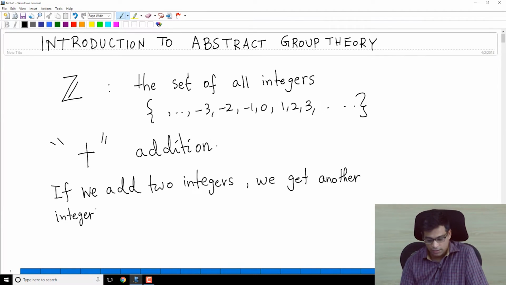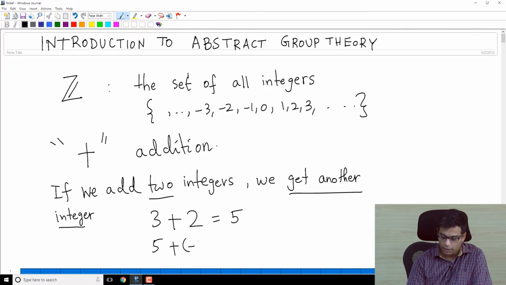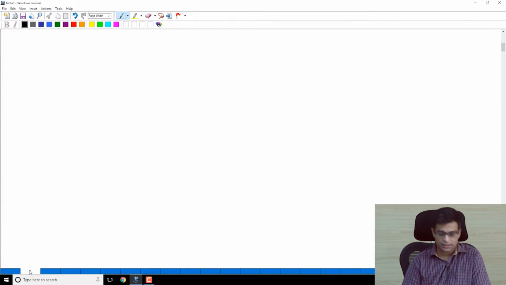I will define this in a more formal setting later, but the word binary refers to the fact that we add two integers to get a third integer. For example, if you add 3 and 2, you get 5. If you add 5 and minus 2, we get 3. So, input is two integers, operation is addition, output is one integer. That is the first property of addition.